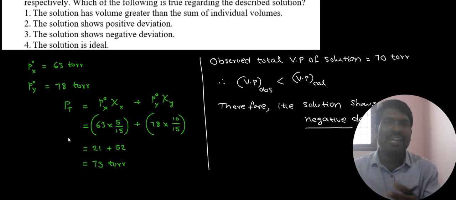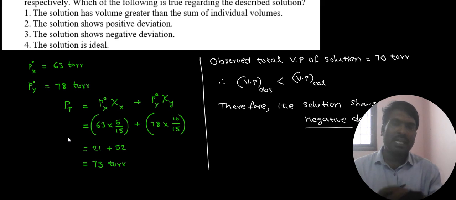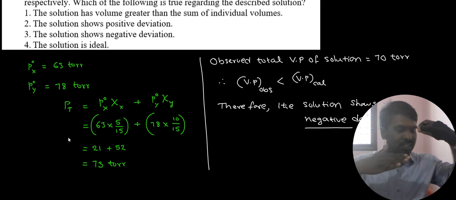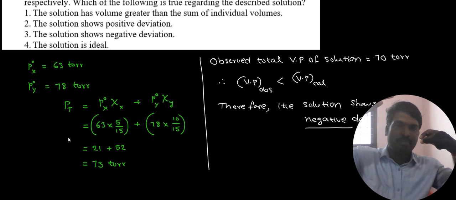Observed is low means it is a negative deviation. Suppose observed is higher as compared to calculated, that is a positive deviation. Observed value lower, negative deviation. Observed value higher, positive deviation.